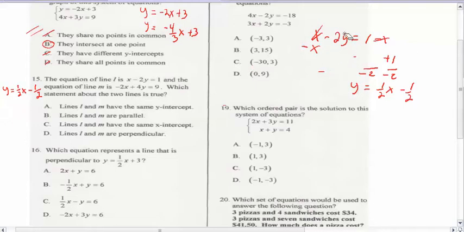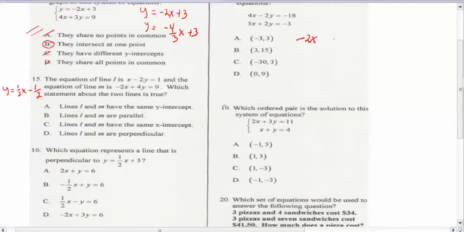Now let's do some work for the next one. Again, I'm going to erase my work here. Okay, and now I need to put the second one in slope-intercept form. So now I have negative 2x plus 4y is equal to 9. Add 2x to both sides. So now I have 4y is equal to 2x plus 9.